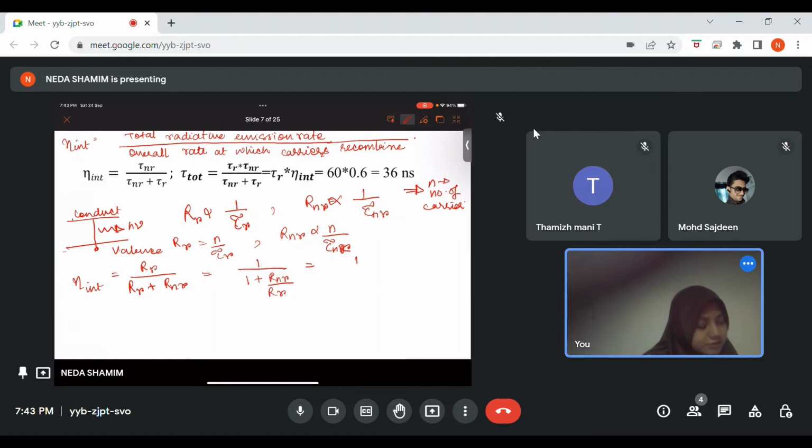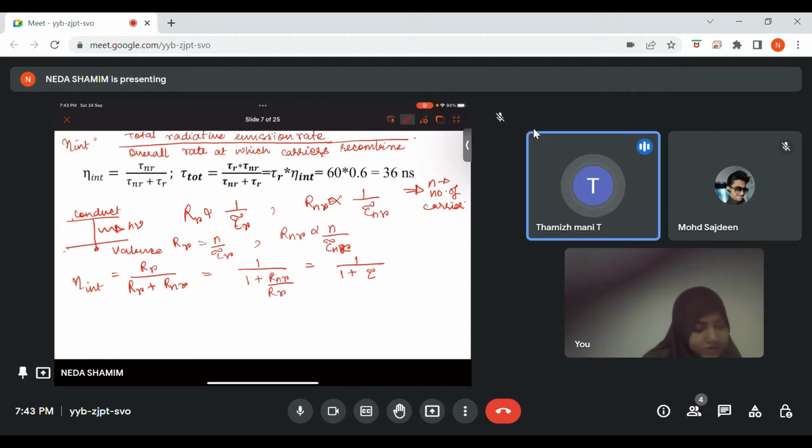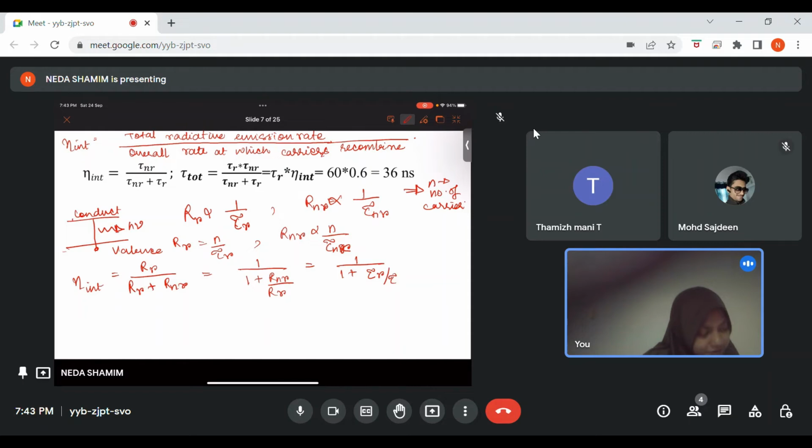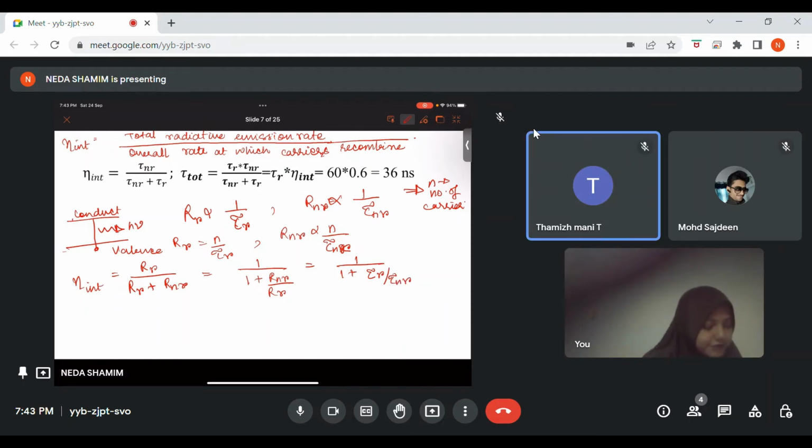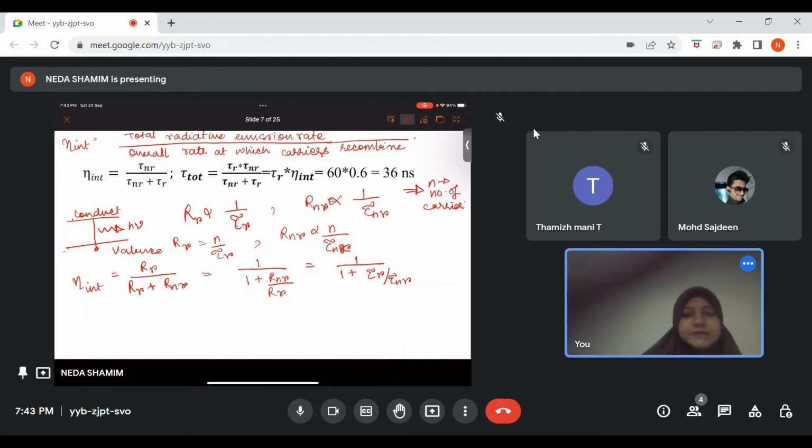Can you answer? 1 by 1 plus tau r by tau nr, right? Now we know that tau total is tau nr times tau r divided by tau nr plus tau r.